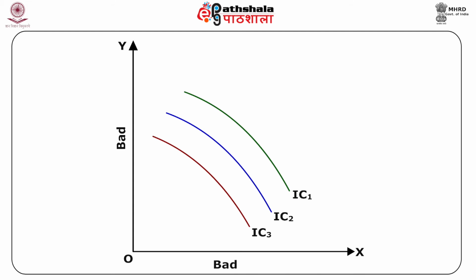As the consumer goes down the indifference curve, absolute slope increases and hence the marginal rate of substitution increases. This means that equal successive increases in the amount of X will have to be compensated by more and more reduction in the quantity of Y. Now you can see figure 14.